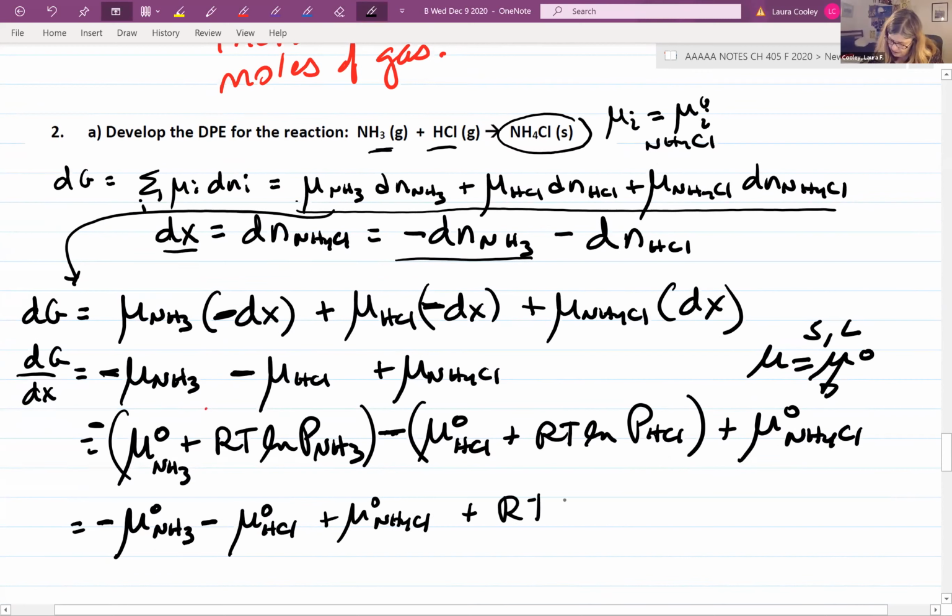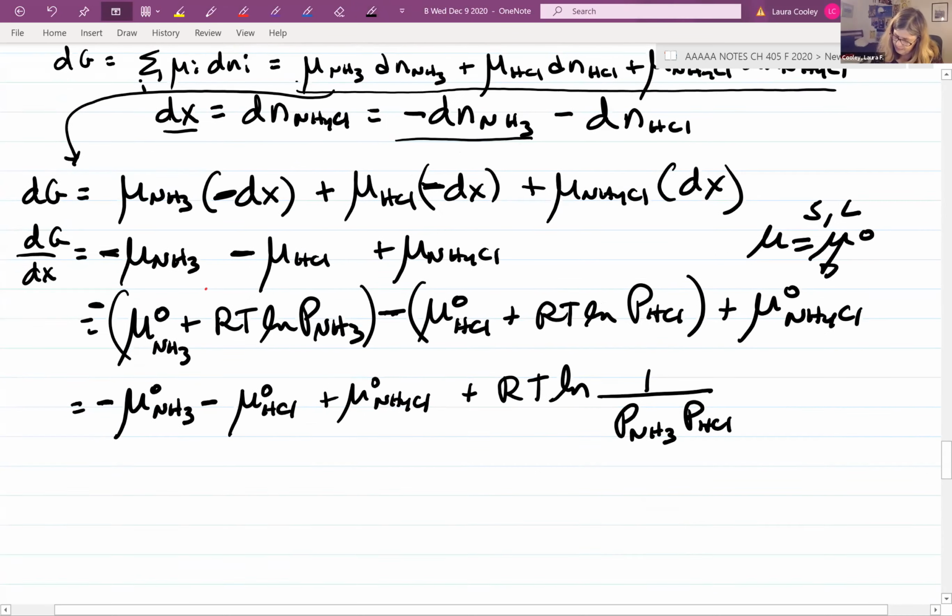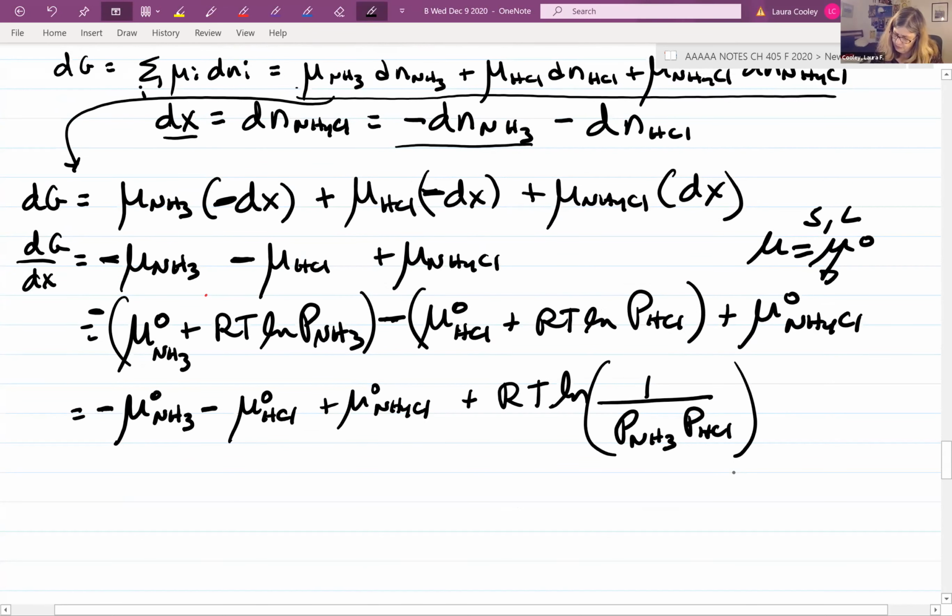So this is RT times the log of... okay, there's a negative in front of those, and there's nothing here. So we basically have 1 over PNH3 PHCl. This is going to be the Q. It's just dividing by the partial pressures of the two reactants.